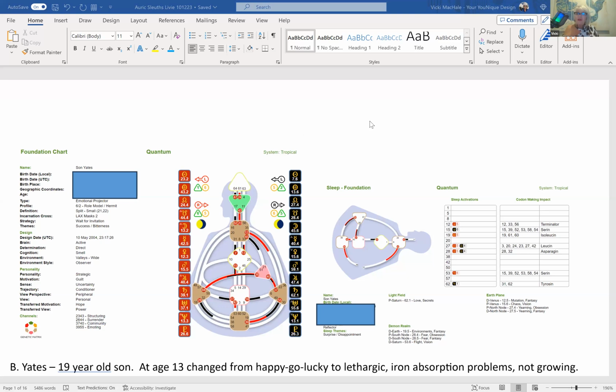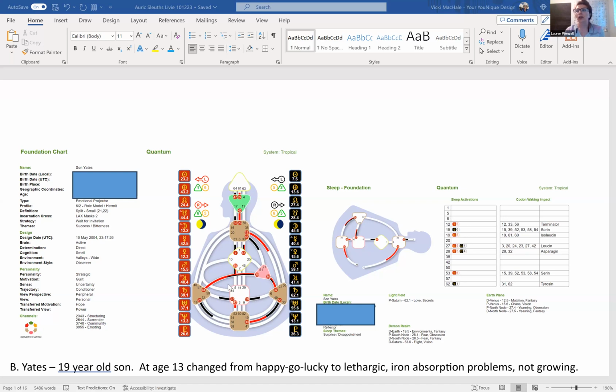So Lauren, being that you're the expert on the children and you're also a projector, did you want to get started? Yeah, thank you. So right off the bat, I'm noticing he's a triple split and he's a projector and he's emotional. Sorry, he has a split definition and he's an emotional projector. He does have a couple motors, but he has an undefined sacral, so he's a non-energy type.